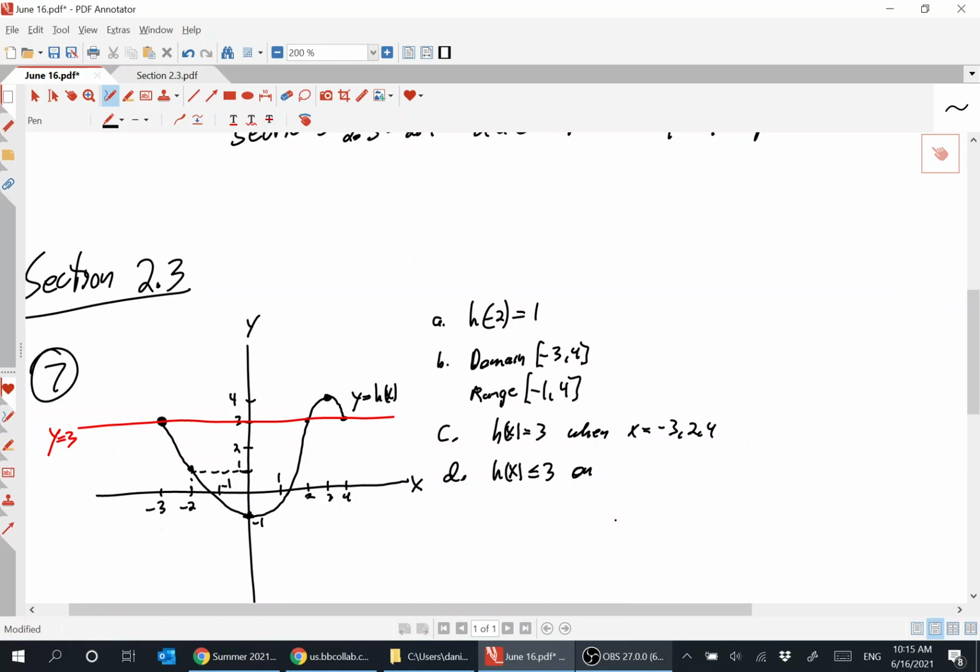Where is h less than 3? Where is the graph below? Well, from minus 3 to that point there, 2. So from minus 3 to 2. That's where we're below 3. H of x is bigger than 3 from 2 to 4.